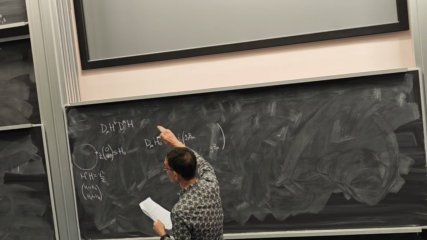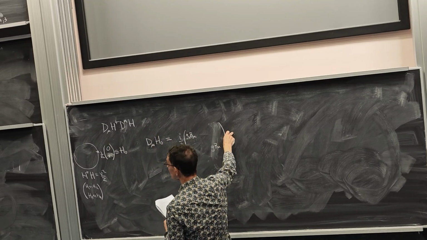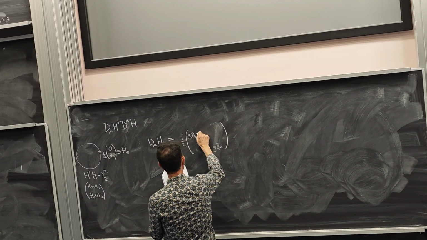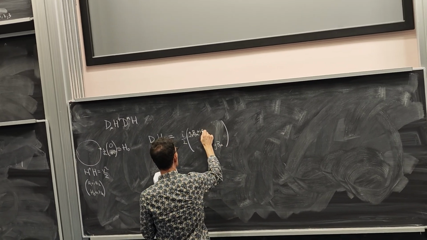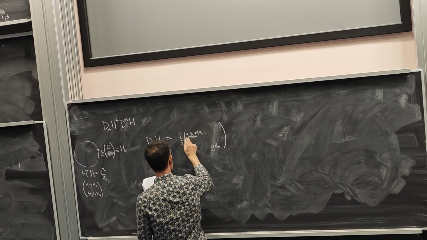And now I have to work out how the SU2 acts on the Higgs doublet. So that gives me plus G2 W mu, the I is out the front.